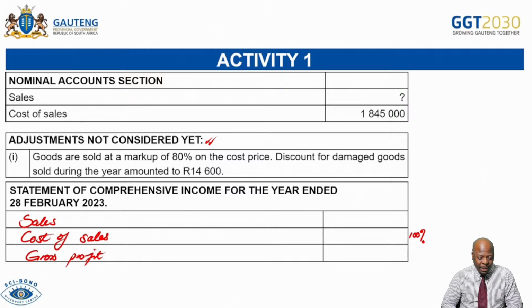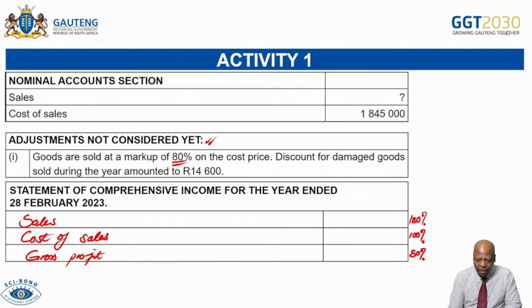Okay, number one, it says, goods are sold at a markup of 80%. This is very important. Goods are sold at a markup. So that markup, that is my profit. So I'm going to come here and bring it here, 80%. That means my sales here are going to be 180%, like that, 180%.